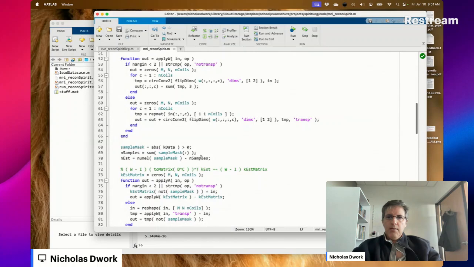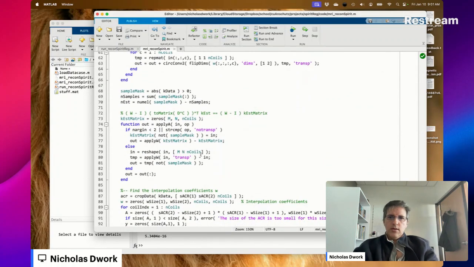And so apply A right now is doing this zero filling operation. So what to do?